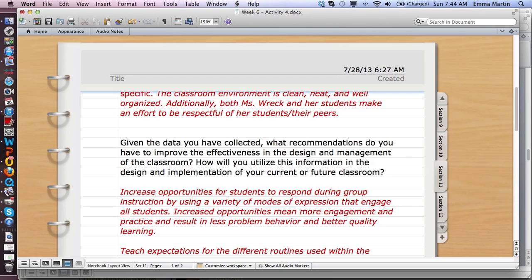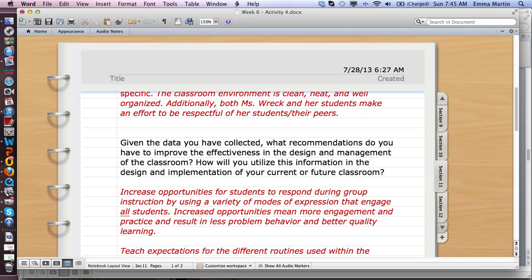Okay, if we look at the data we've collected and some recommendations, then here's what we come up with. One is to increase opportunities for students to respond during group instruction using a variety of modes of expression that engage all students. Okay. When we look at the lessons that Ima's teaching, what we see is a lot of off-task behavior. Now, if all the students are responding at the same time, that's going to increase on-task behavior.